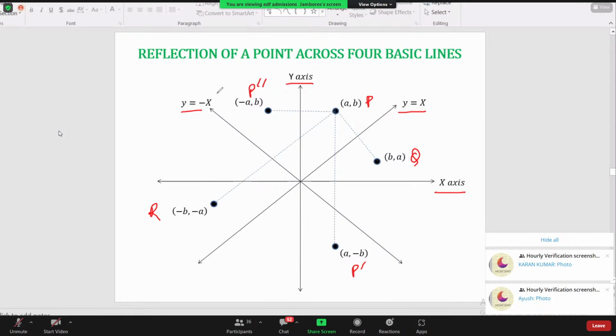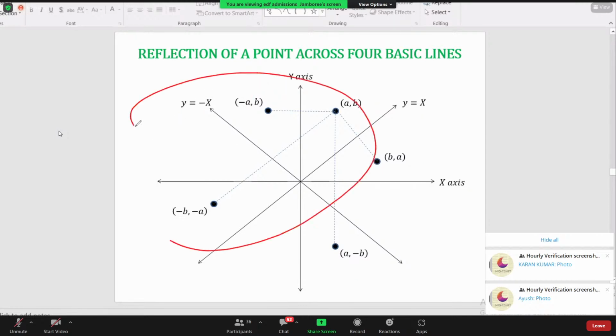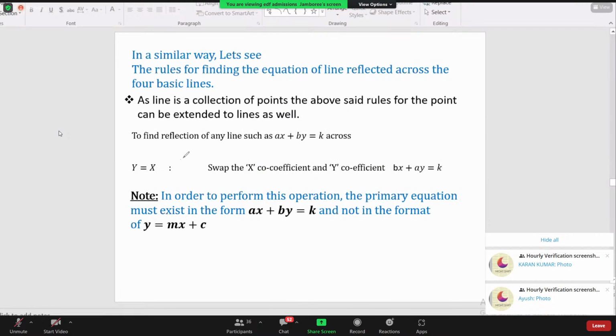Okay, guys, moving on. Now, this was about a point and its reflection on the graph. Now, let us talk about reflection of a line along the line y is equal to x. Just to give you a brief idea, let me draw a figure first.